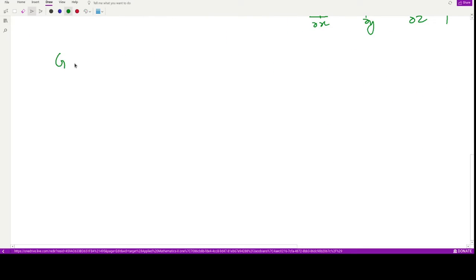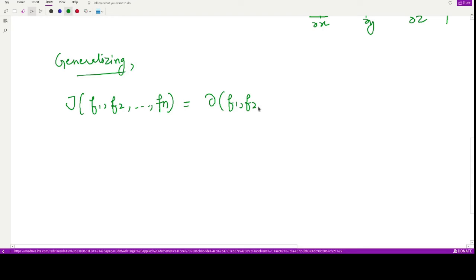On generalizing, you have the Jacobian of the functions f1, f2 up to fn. You are taking n functions depending upon n variables, so you are calculating the partial derivative of f1, f2 up to fn with respect to x1, x2 up to xn.